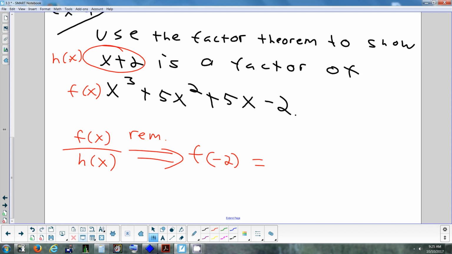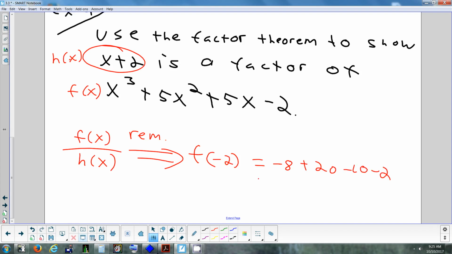So Sam, what's -2 cubed? -8. Yep. -8. And Shauna, -2 squared times 5? 20. How about Caleb? 5 times -2? -10.